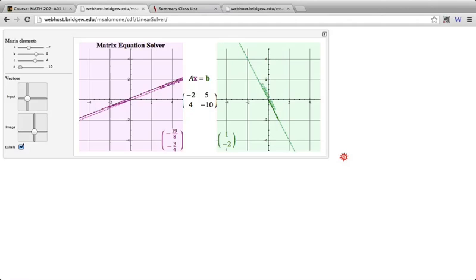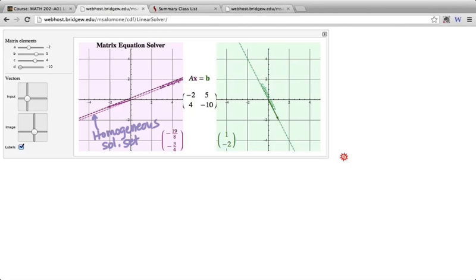Over here on the left, I've got two lines, a light purple and a dark purple. The light purple line here is the solution set of the homogeneous equation. It's a straight line that happens to pass through the origin.